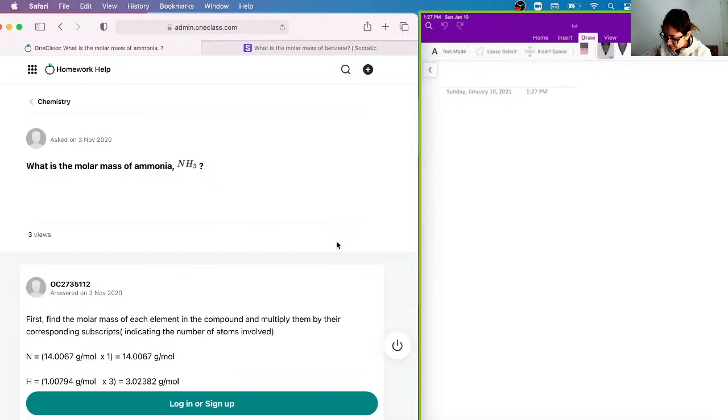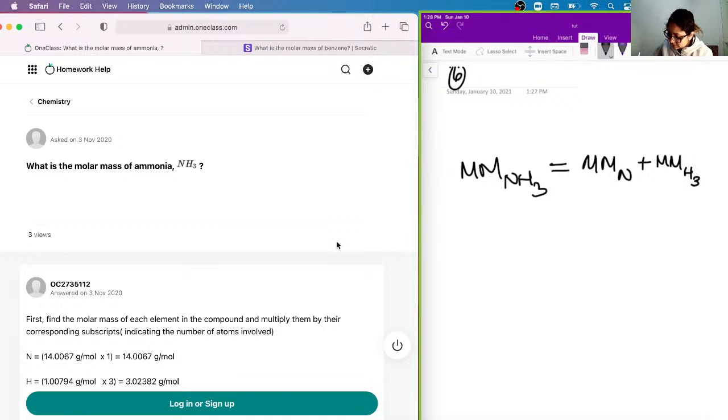The next question here says, what is the molar mass of ammonia? So for ammonia, we're given the chemical formula, which is NH3. To find the molar mass, we have to break it down into its individual atoms. In this case, we have the molar mass of nitrogen plus the molar mass of 3 hydrogens.